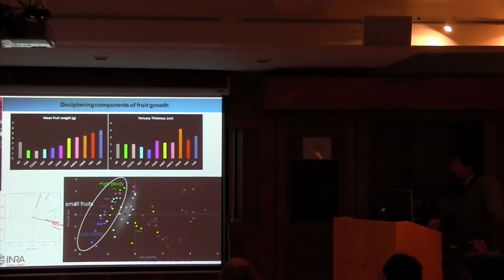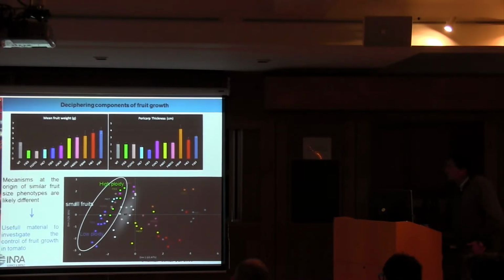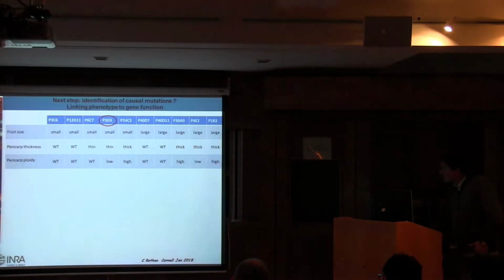What we can see here is that we can have small fruits with small cells, but with both high ploidy and low ploidy. Low ploidy we were expecting, but in this case we have a small fruit, small cell mutant with high ploidy. Again, we are very interested in understanding how ploidy is controlling cell size and fruit size, and these are very nice tools. So this is what I said before: it can be very useful material.